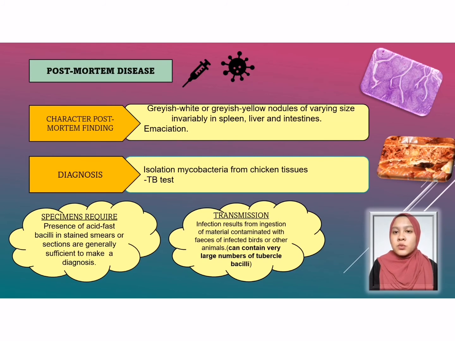The diagnosis is made by isolation of mycobacteria from chicken tissues. It is tested using a TB test, which is the bovine tuberculosis test. For the specimen required, the presence of acid-fast bacilli in smears or sections is generally sufficient to make a diagnosis.